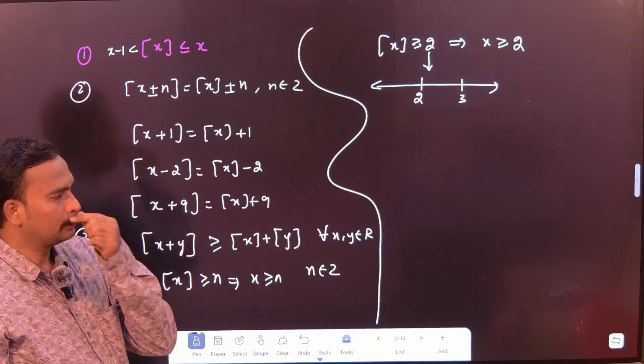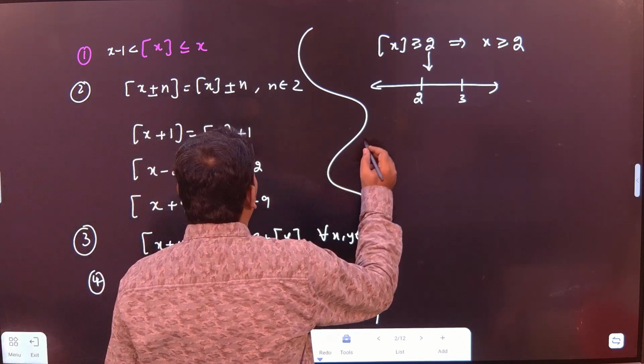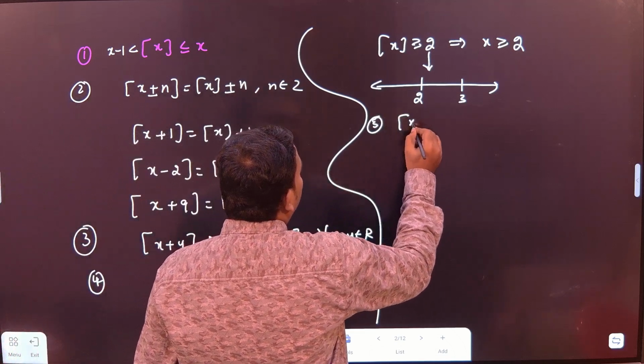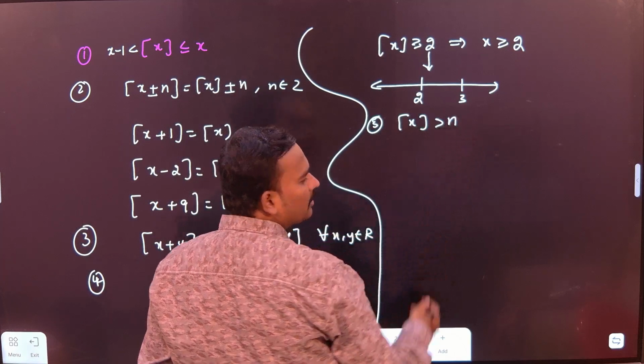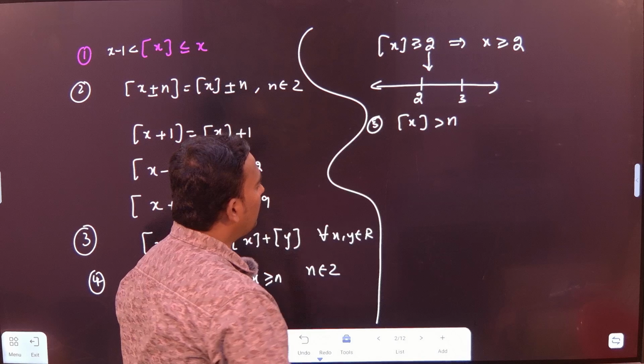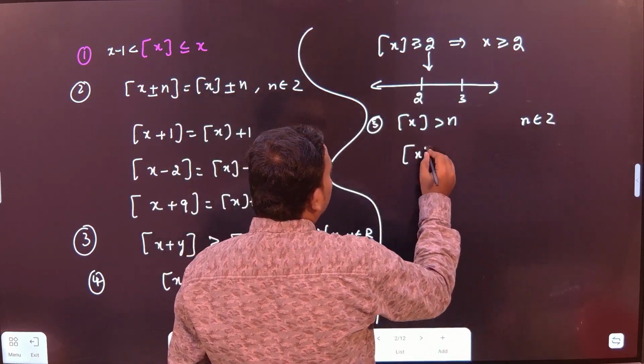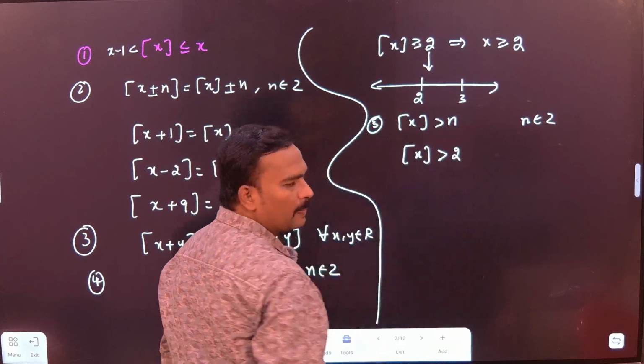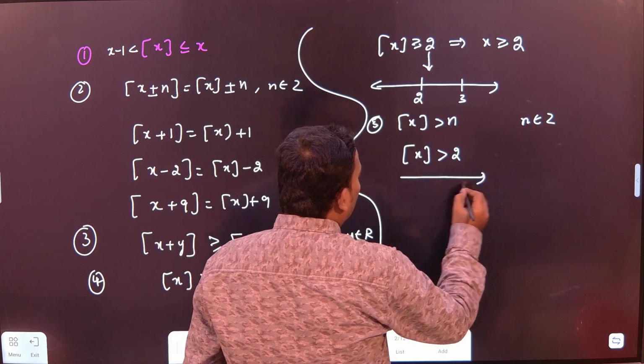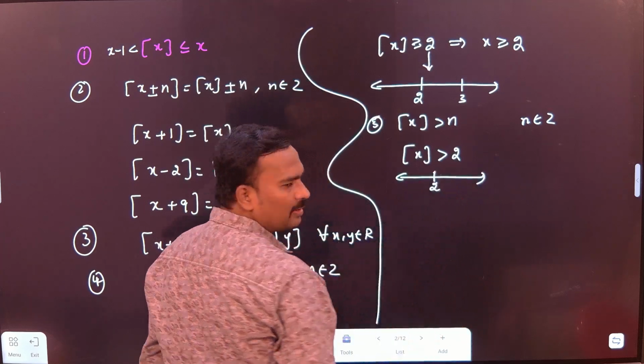Understood? Next, the fifth one. Suppose the greatest integer function is strictly greater than n, not equal to, where n belongs to integers. Let me take the greatest integer function strictly greater than 2. First, you can draw the number line and fill the 2 here.